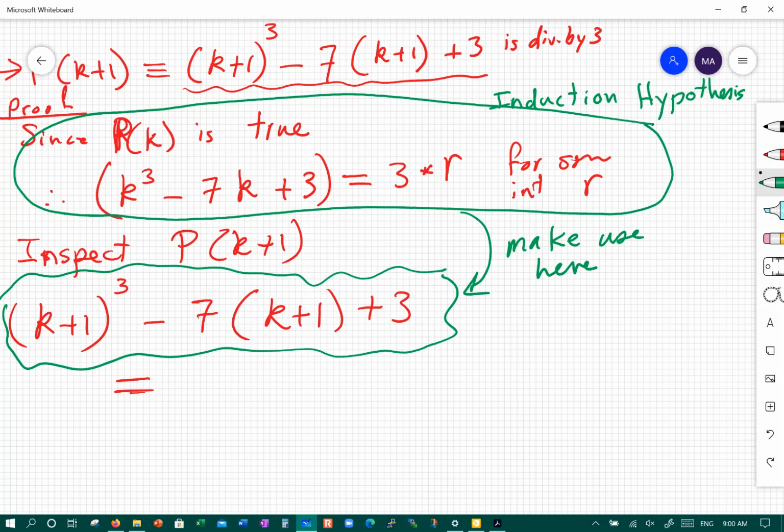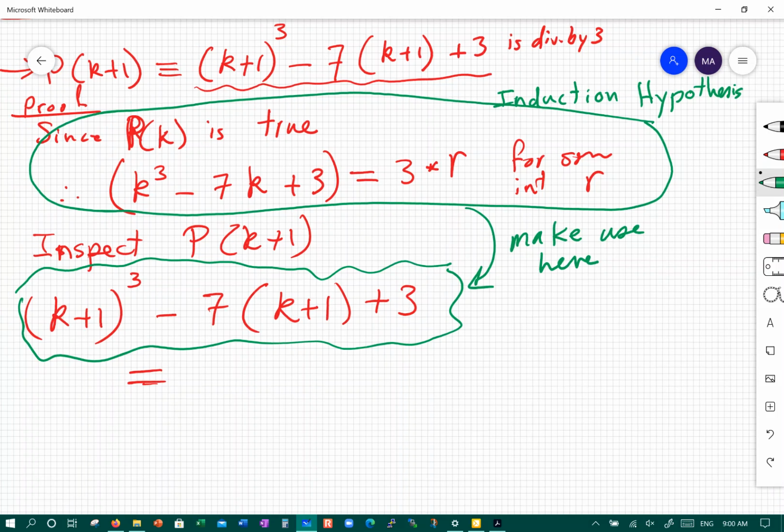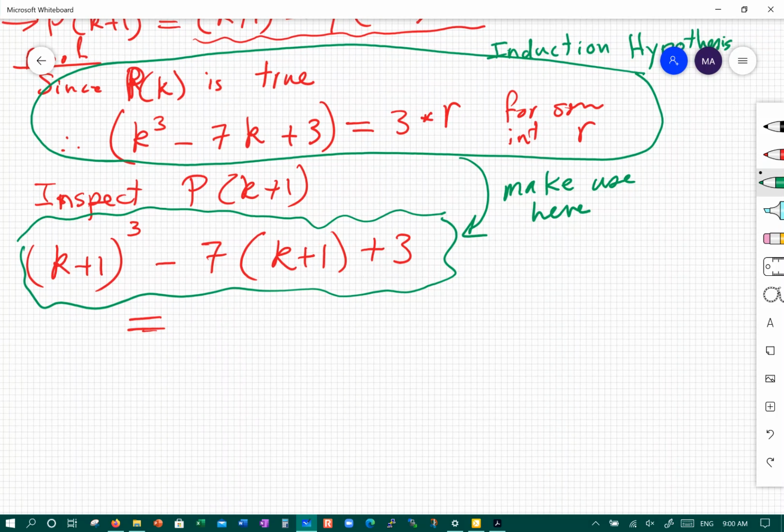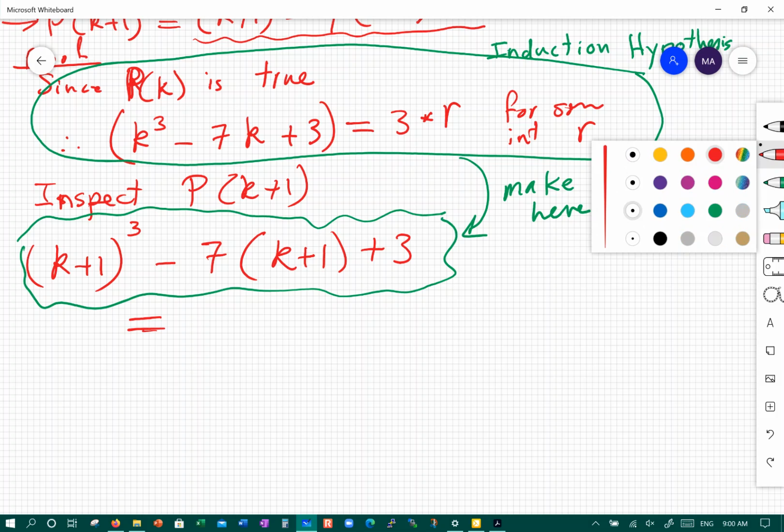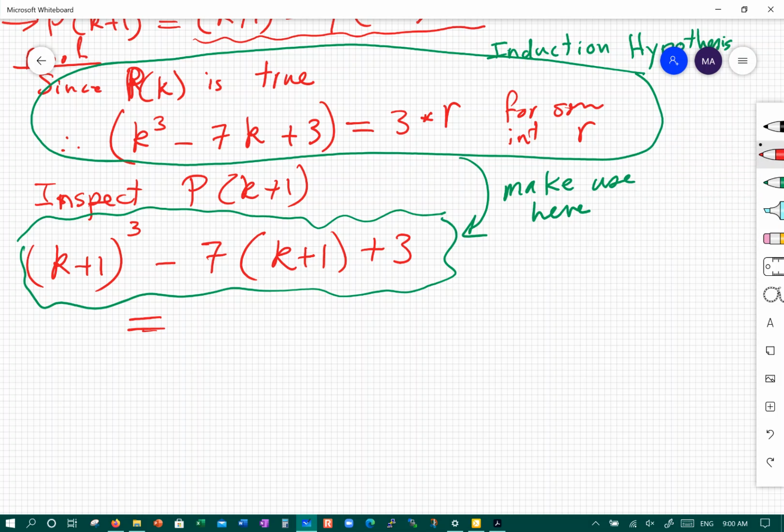Now here is where different problems start to become different at this stage. But all of them try to rewrite the expression for P of k plus 1 so that somehow the expression for P of k shows up. And this usually means that we're going to do some algebraic manipulations. So according to algebra, if I expand (k plus 1) cubed, so you multiply k plus 1 times k plus 1 times k plus 1.